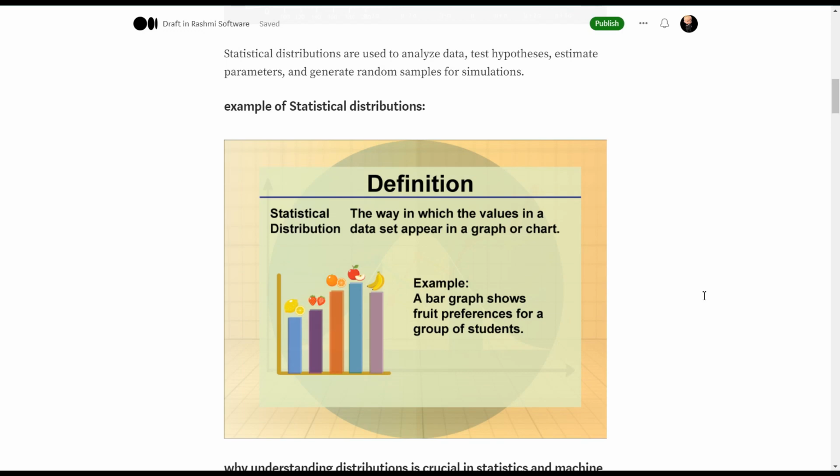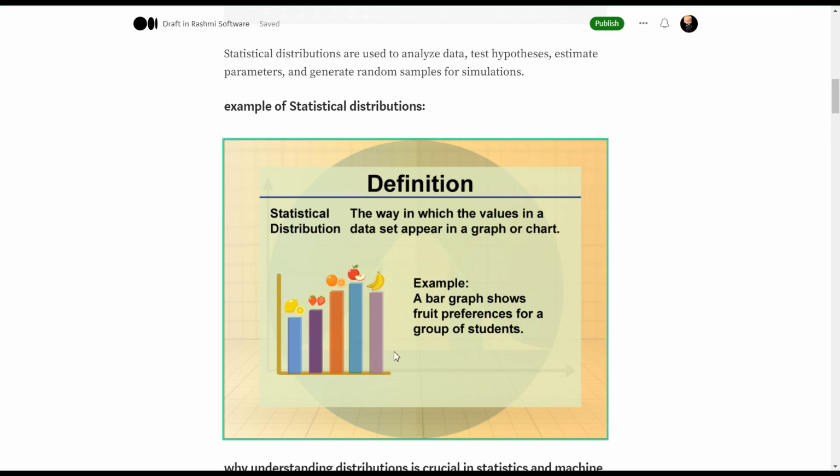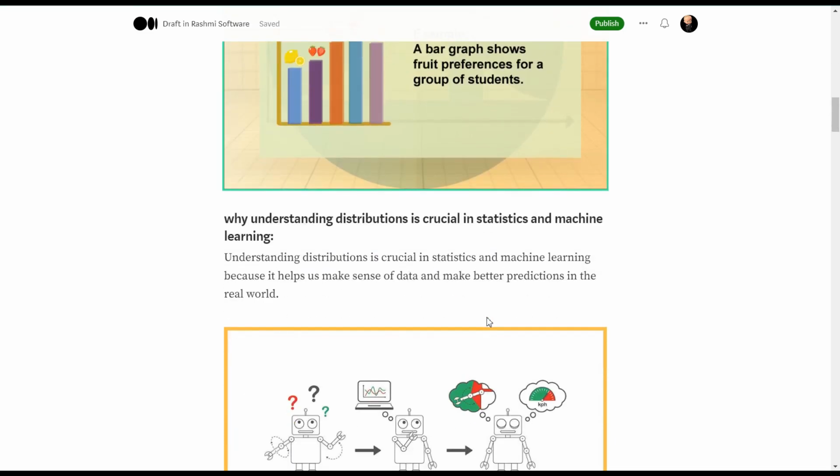Example, a bar graph shows fruit preferences for a group of students, meaning how many students like the banana, how many like the apple, how many like the orange. I hope you will understand.